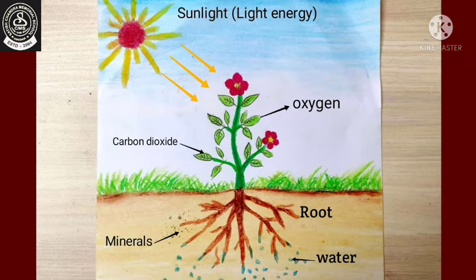It also absorbs water through its root from the soil. And while preparing food, it is releasing oxygen, which is very useful for us and other animals. Isn't it? We all need oxygen.